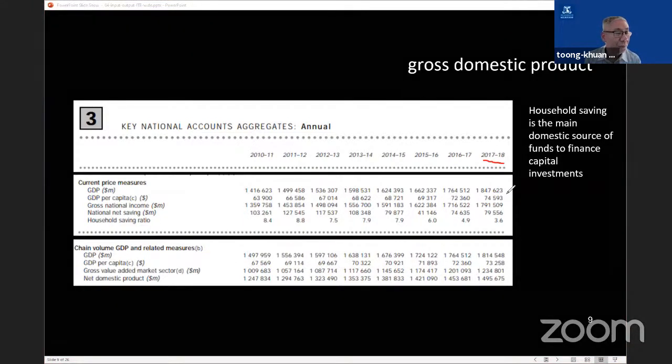So that's our GDP in million. So always please check that the units are correct. It's in million. So our GDP in 2017, 2018 is 1.8 trillion Australian dollars, okay?